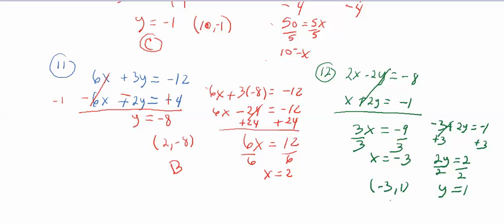If I look at my answer choices, negative 3 and 1 is letter C for number 12.